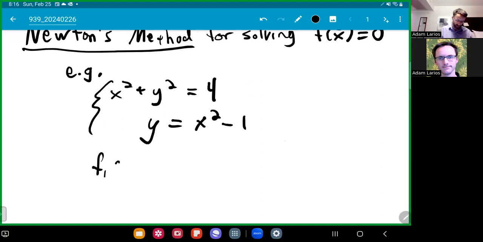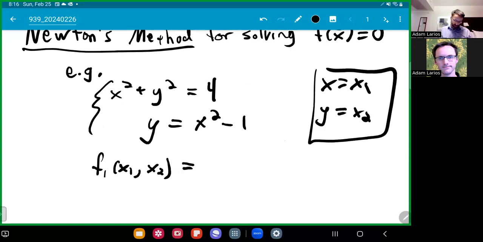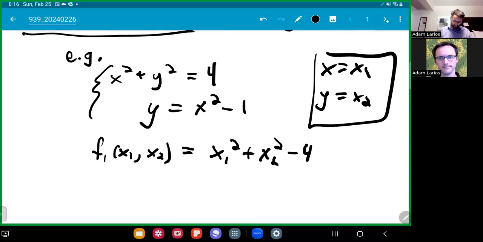So here my f1 of x1, x2 would be, I'll think about x as x1 and y as x2. Then we just subtract everything over to one side. So I'd have x1 squared plus x2 squared minus 4.